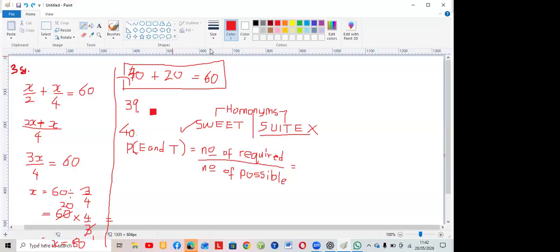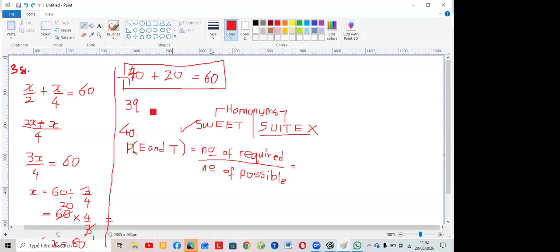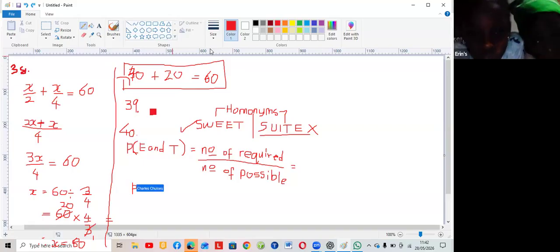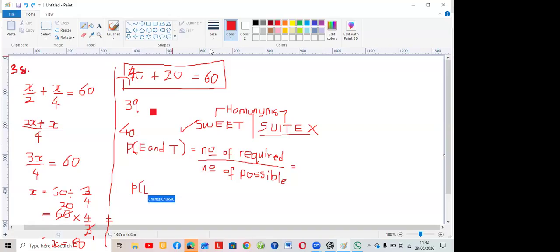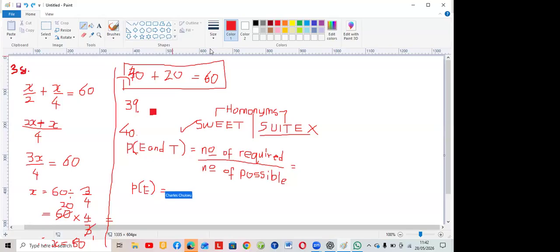So, probability of E. So, the question now is this. How many E's are there in the word sweet? How many E's are there in the word sweet? Yes? 2 E's. Thank you very much. There are 2 E's. So, when we're looking at just E alone, the number of required events is 2, right?